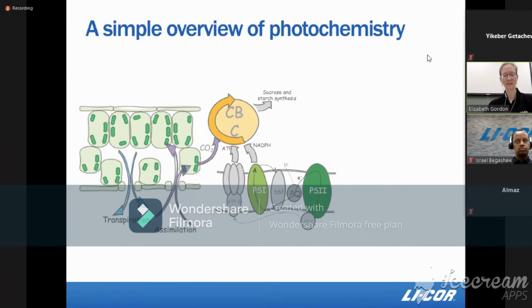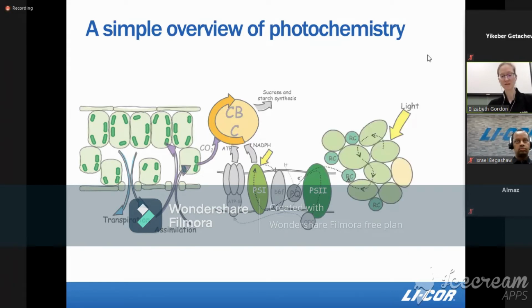What happens is light comes into the plant, and then it goes through the reaction centers, through PS2, plastoquinone, cytochrome b6f, PS1. We have the ATP synthase always doing its spinning, and then the oxygen evolving complex.